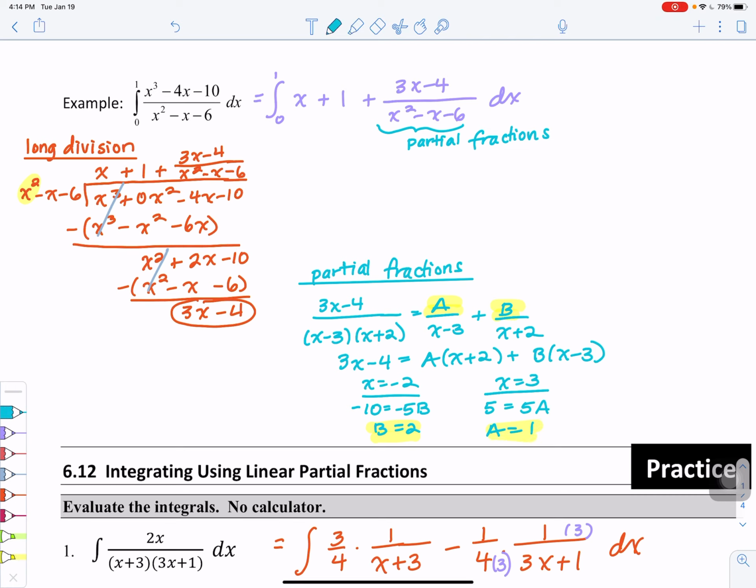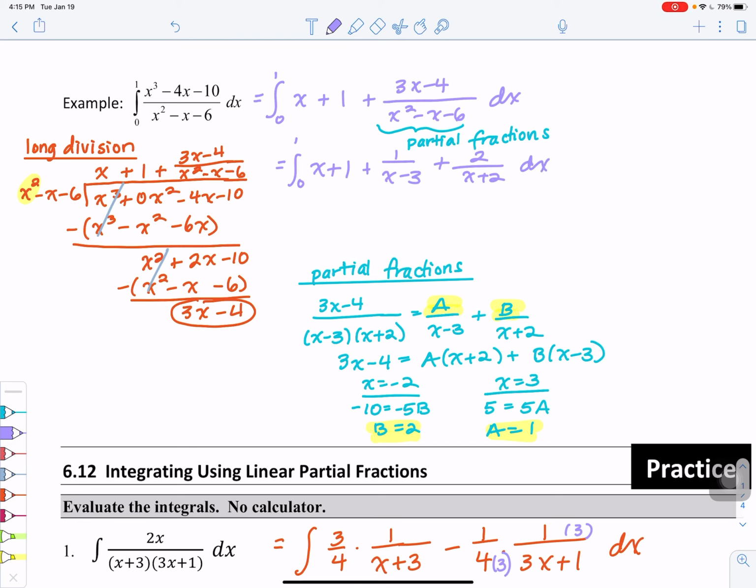So now we can rewrite this as the integral from 0 to 1 of x plus 1 plus 1 over x minus 3 plus 2 over x plus 2 dx.